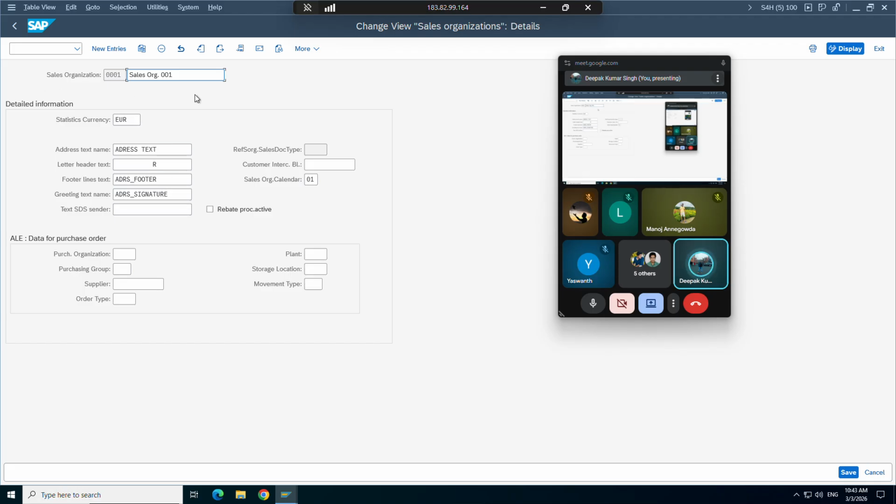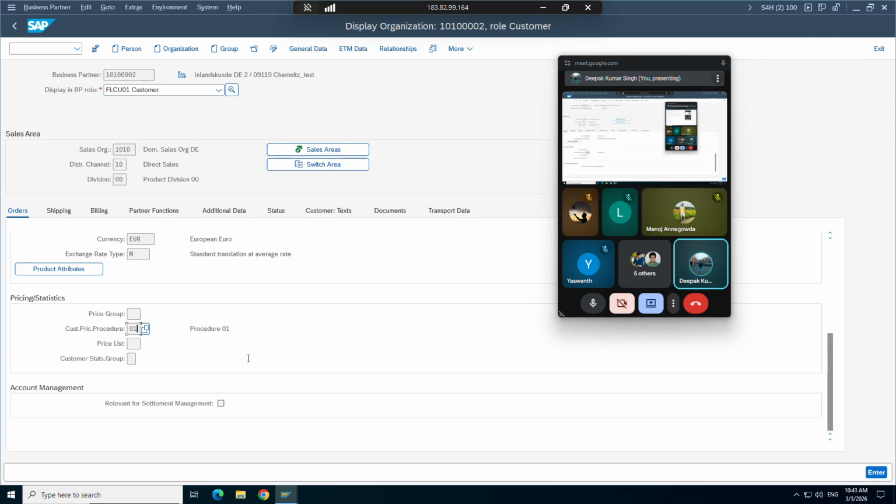And why have we given this option at two places? Maybe for this sales org, I want the condition contract or settlement management to be active, but I only want it for some 10 customers. If I don't have this control at the customer master level, and I put the checkbox at the sales org level, all the customers will be relevant for settlement management, which I don't want.